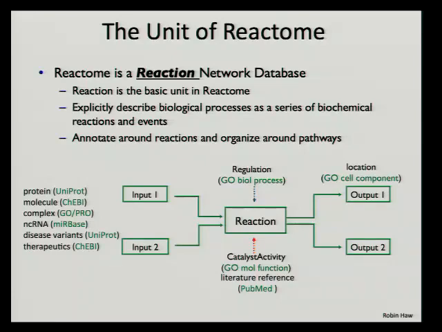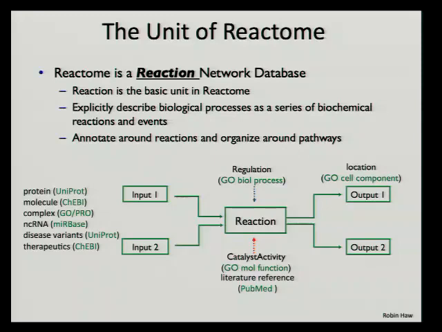It can be used to annotate almost all biological processes people have found, from molecular levels inside a cell or between cells. So this is great. According to biochemistry, we annotate a reaction as a set of inputs converted into a set of outputs.